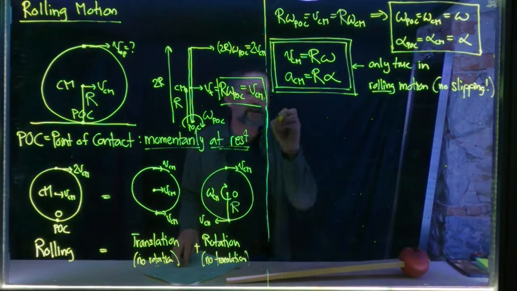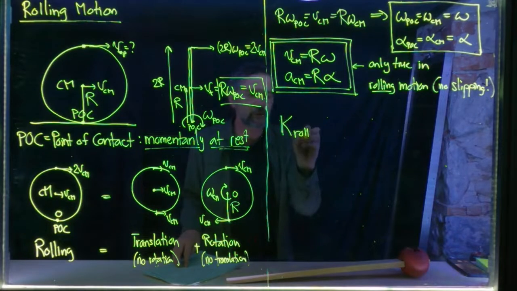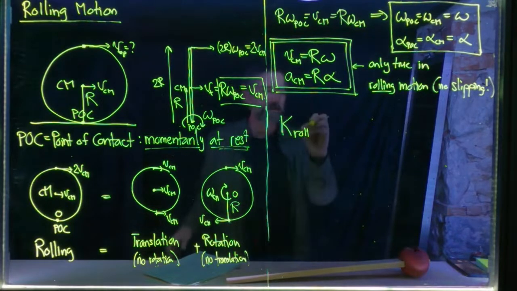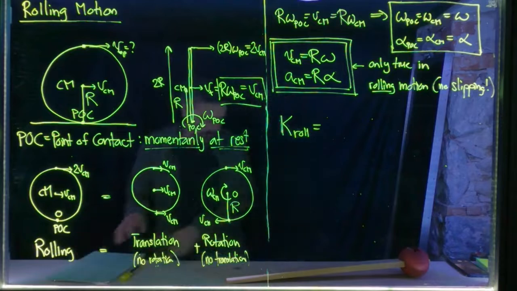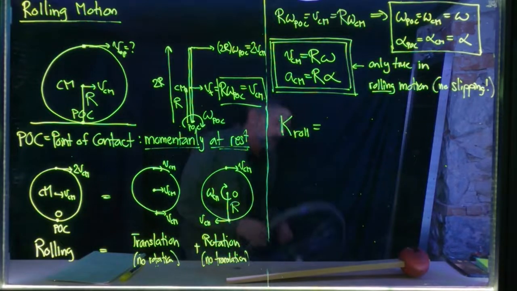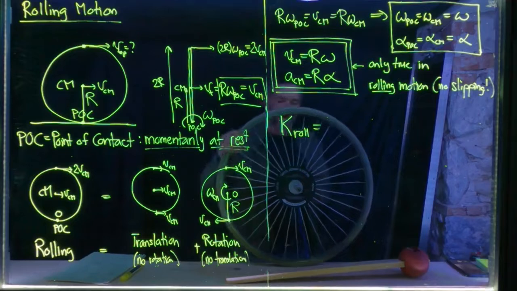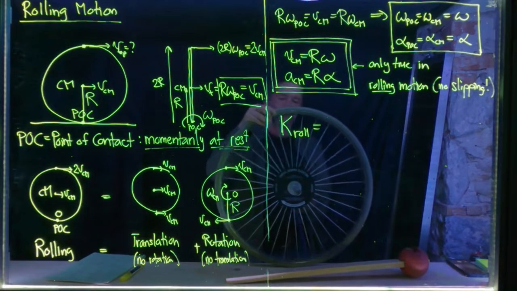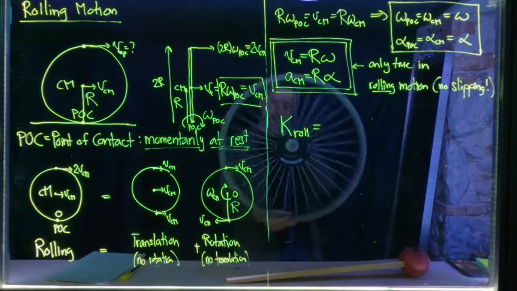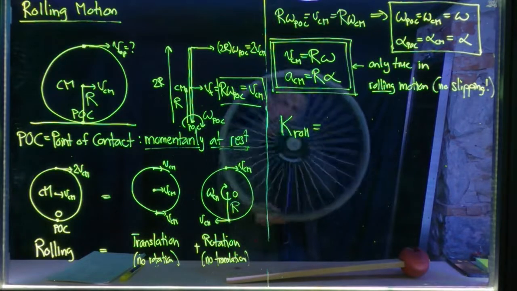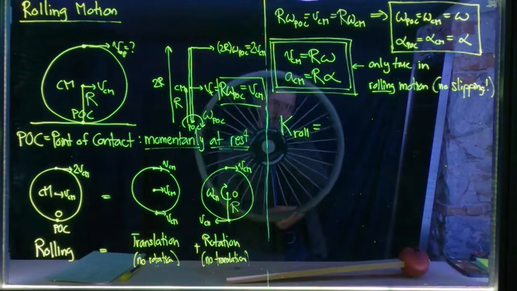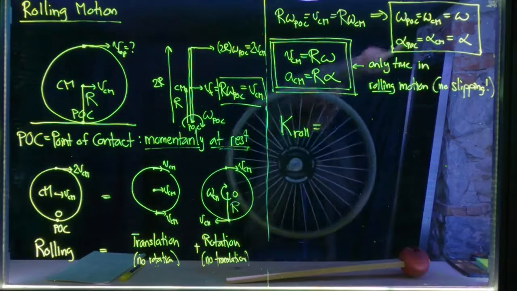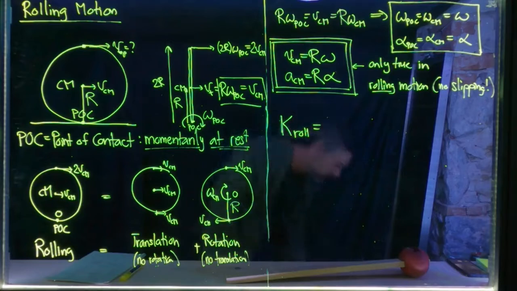Okay, so the kinetic energy associated with rolling, well, let's see, what does that mean? Well, what it means is at this instant of time, this point of contact is at rest, and this rigid body is rotating about the point of contact with some angular velocity omega point of contact, which is equal to our generic omega there.